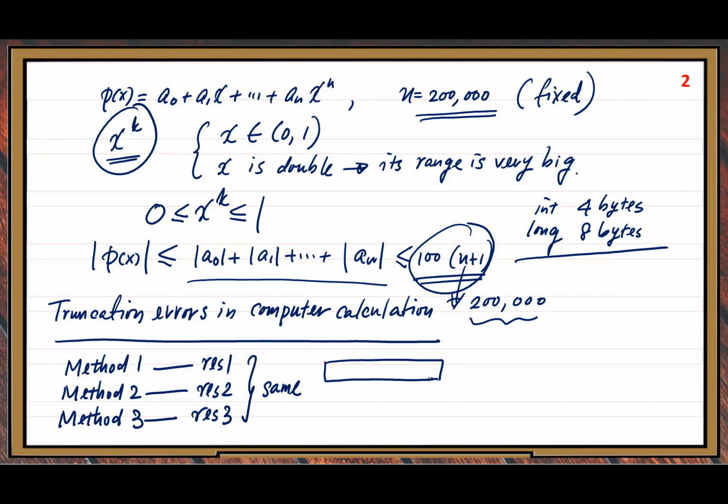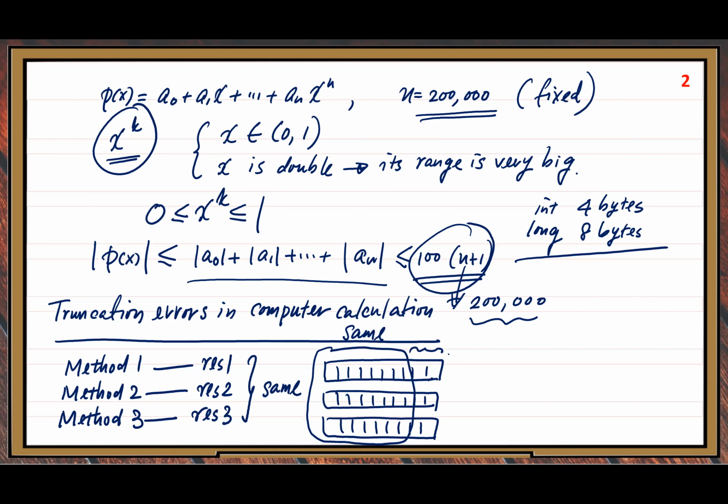Usually the result has many digits. This portion is the same, but the last few digits are different.